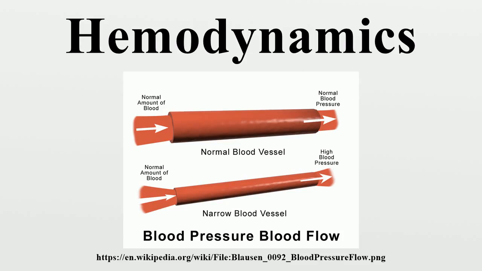The equation for this dimensionless relationship is written as Re = ρvL/μ, where ρ is the density of the blood, v is the mean velocity of the blood, L is the characteristic dimension of the vessel, in this case diameter, and μ is the viscosity of blood. The Reynolds number is directly proportional to the mean velocity as well as the diameter of the tube.